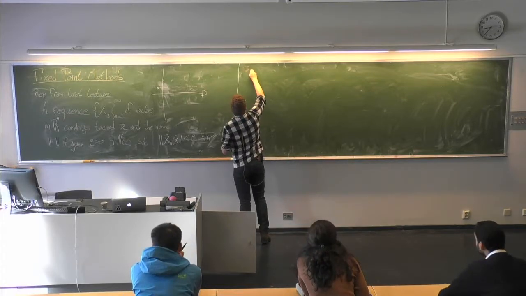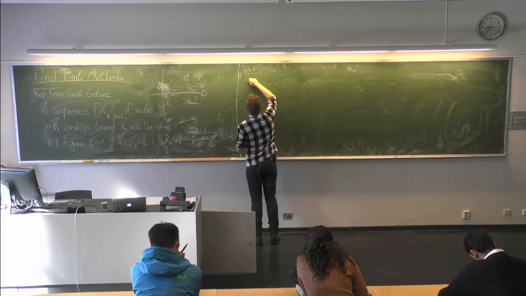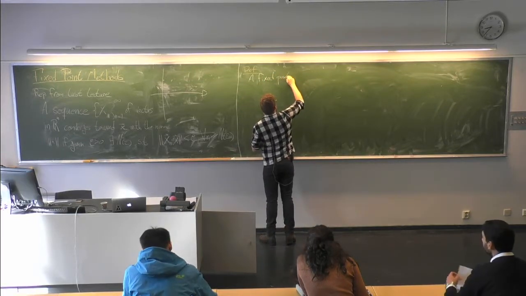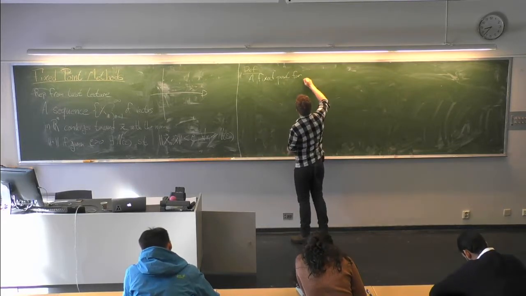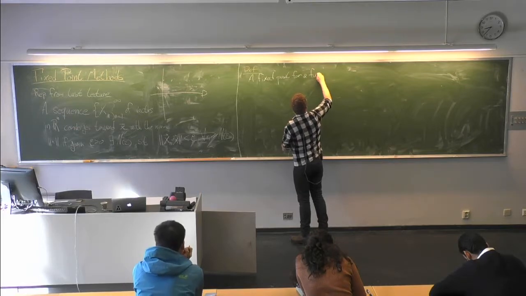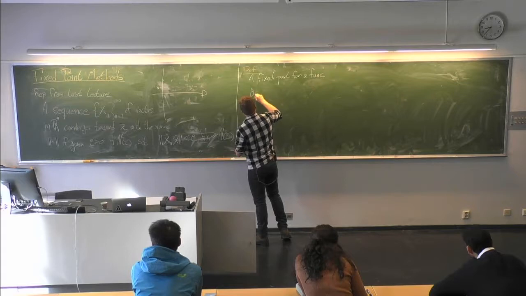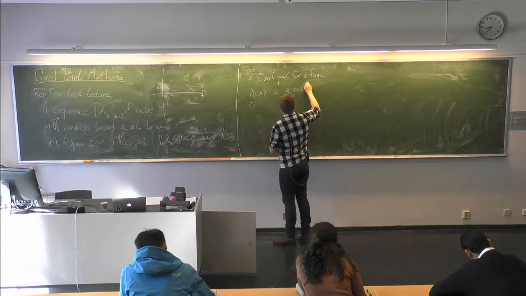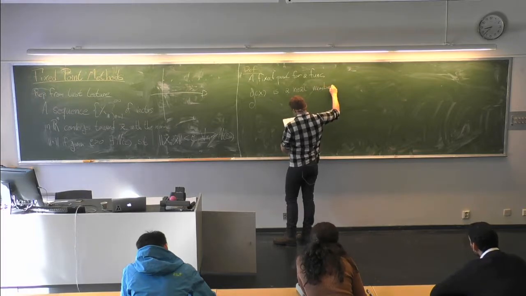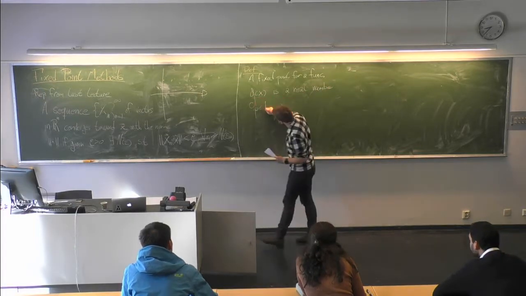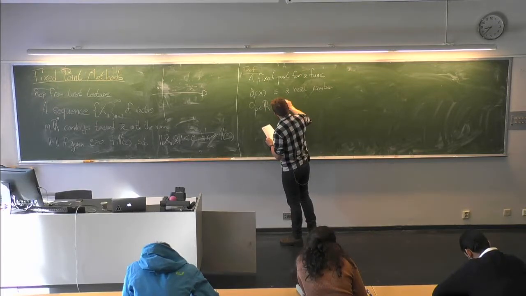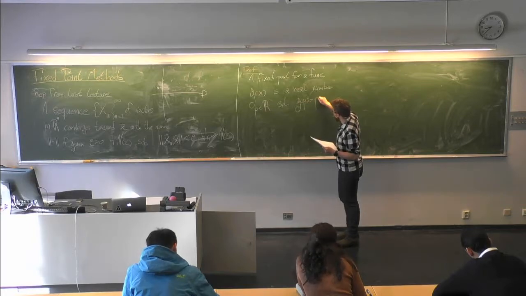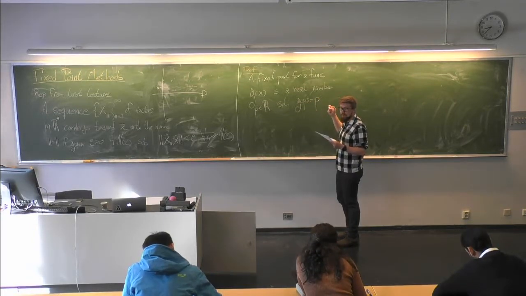Definition: a fixed point for a function g of x is a real number p, so p in R, such that the function of itself, g of p, is the number itself, p, like so. This is in one dimension.